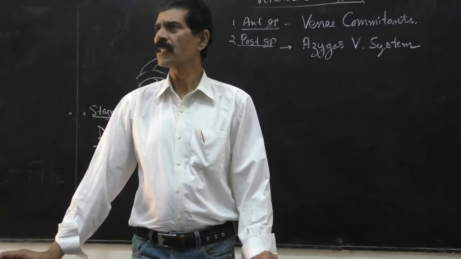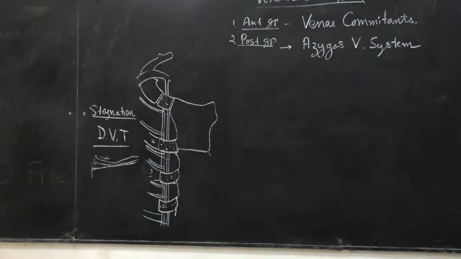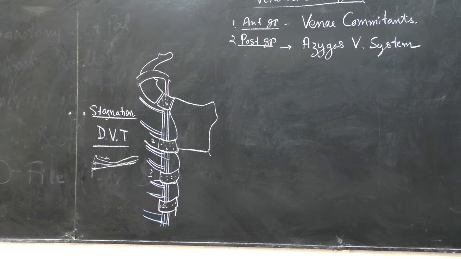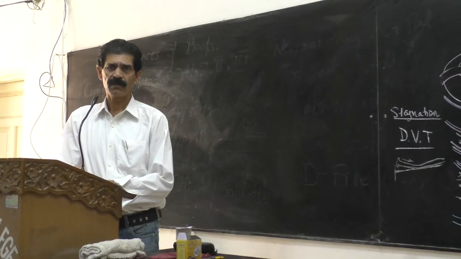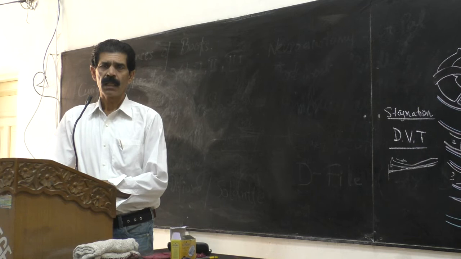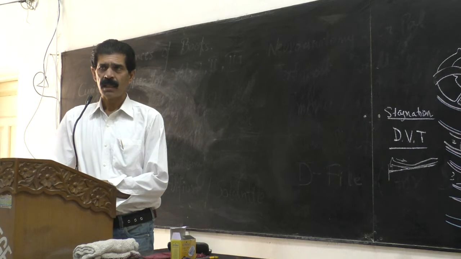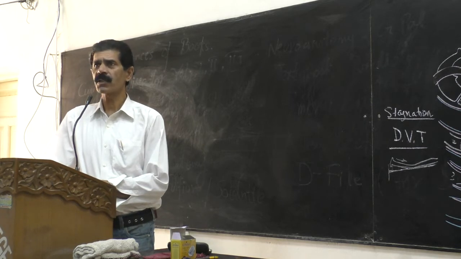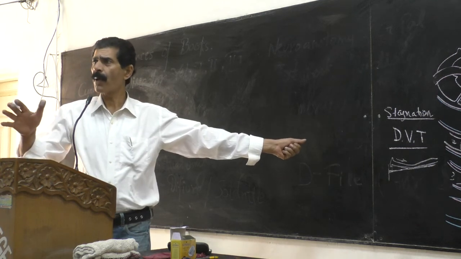So in order to prevent this complication in chronically ill patients lying in bed, we recommend tight stockings, which will collapse the peripheral or superficial veins. And the deep veins, because they accompany the arteries, are vena comitantes. The arterial pulsations will be transmitted to the accompanying veins and the blood will ripple.